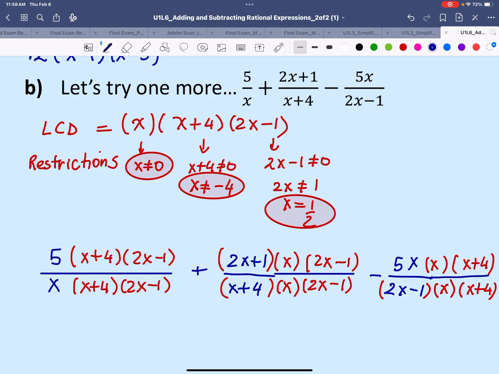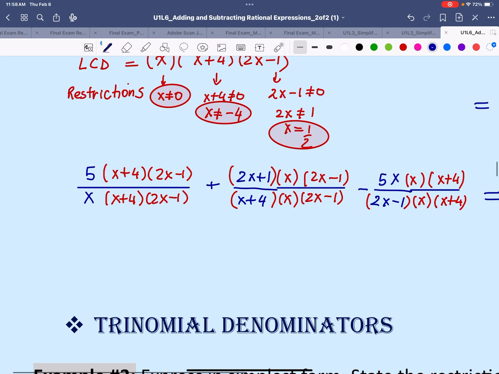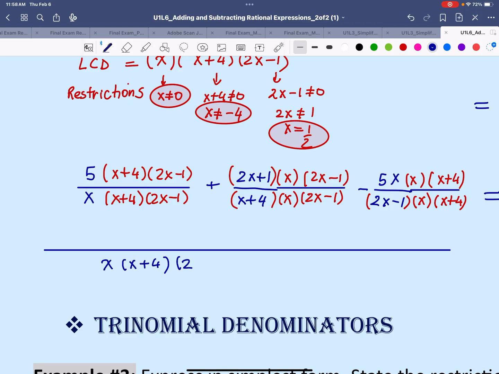And now next we are going to bring all these terms under the same denominator. So let's do this. It's going to turn out to be an interesting expression. Never ever expand the denominator. I can't emphasize this enough.